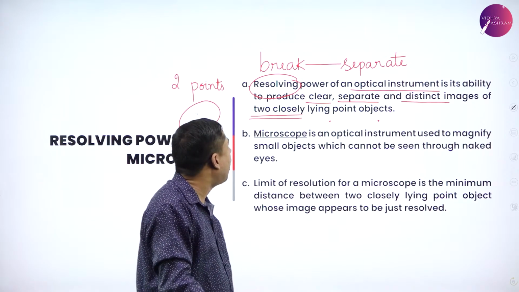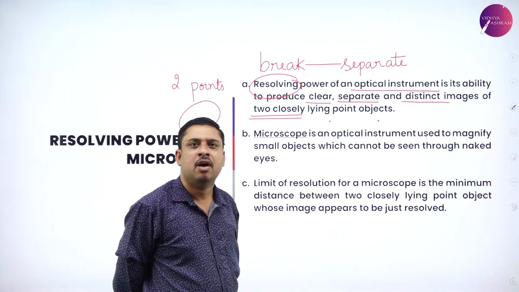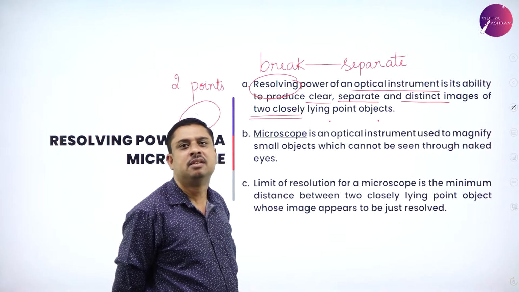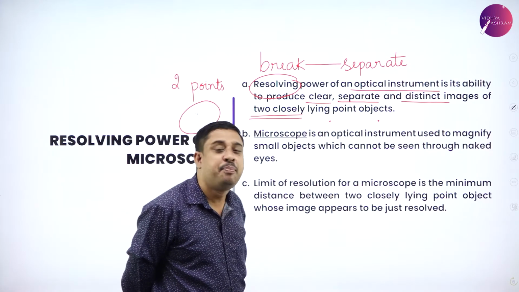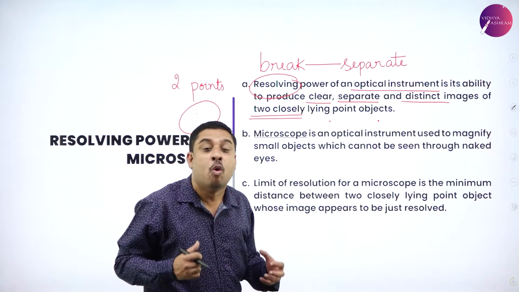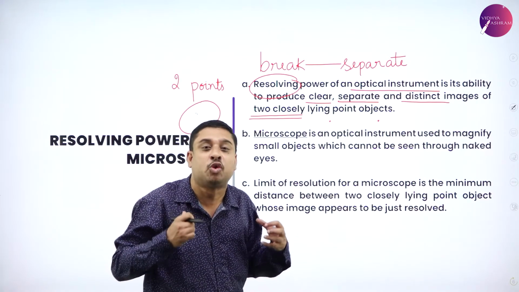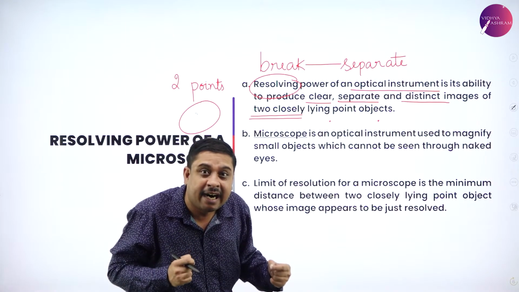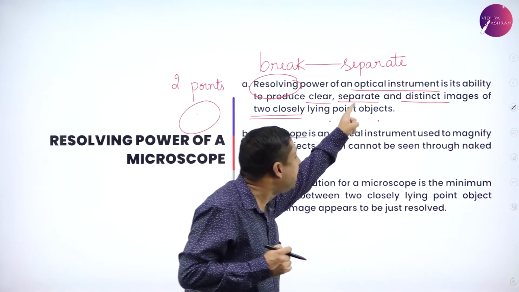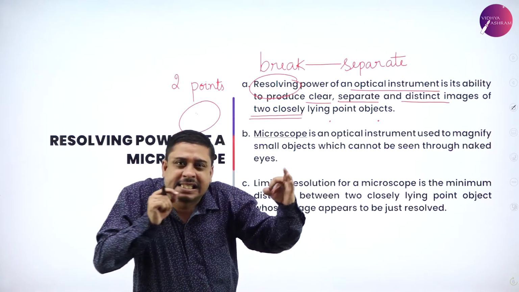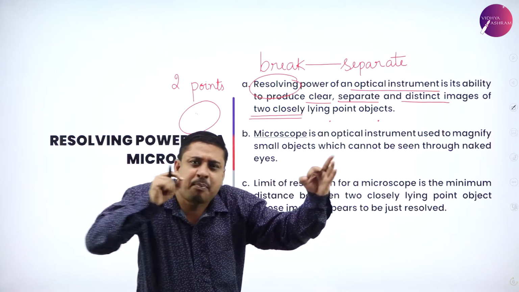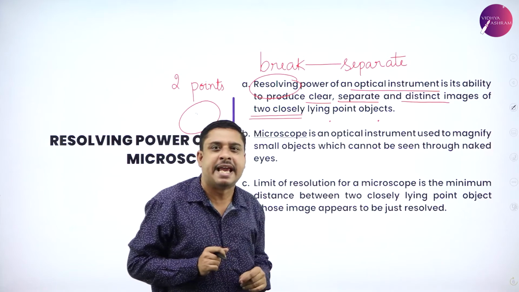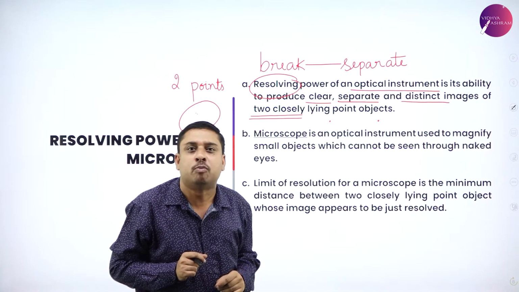So, resolving power of any optical instrument is the ability of that instrument to produce clear, separate, and distinct, well separated images of closely lying point objects.